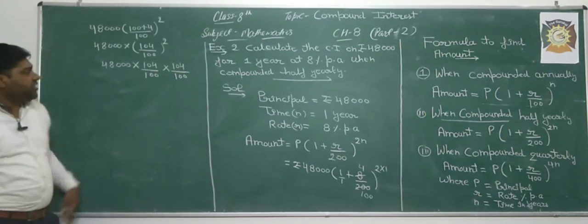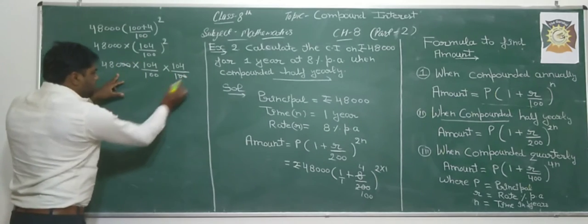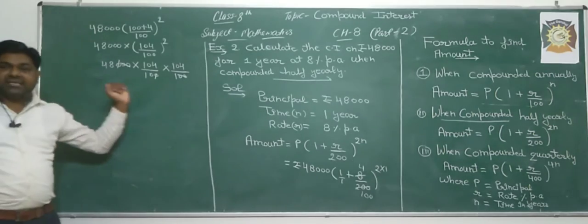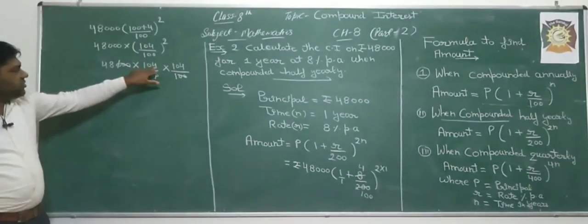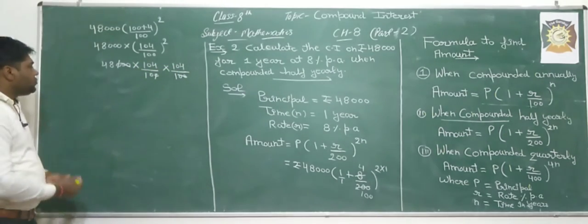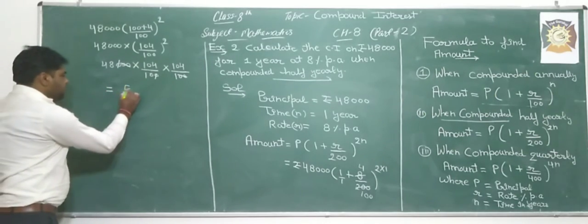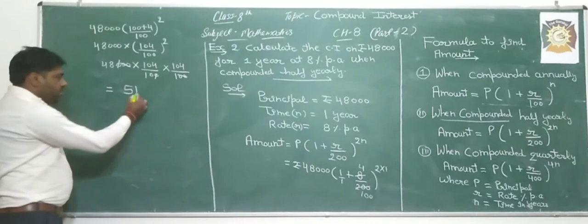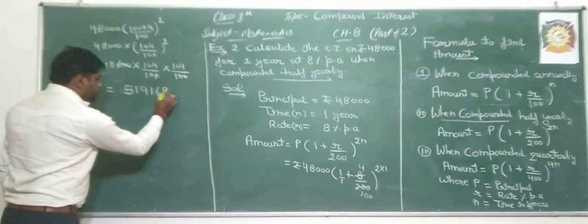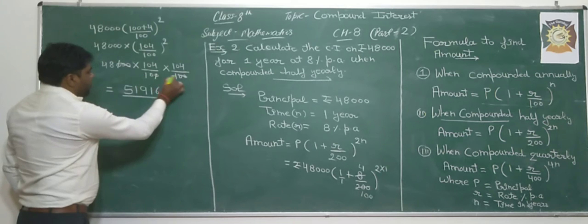Now observe it. These are the 2 zeros, so we can cancel these 2 zeros by these 2 zeros and 1 zero from here. So now what we have to do in next step? That is 48, this is 104, this is 104. That means we have to multiply all these 3. So when we multiply these things, then we will get 519168, then it is divided by, observe here only 10.